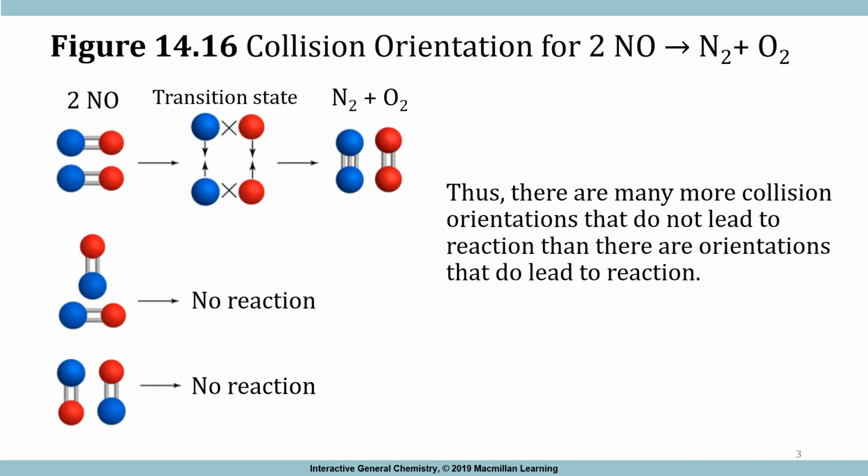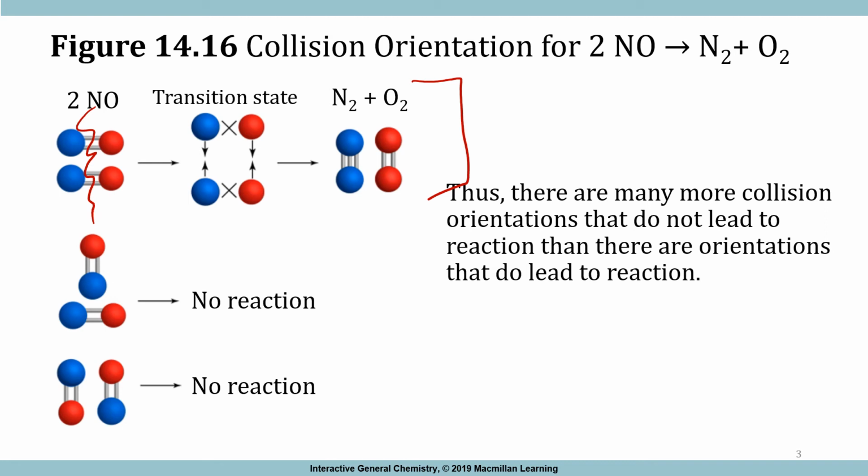We already discussed the decomposition of NO to become N2 and O2. So this is what we saw. We have the two double bonds between the nitrogen and the oxygen. We have to break those double bonds, and then a collision has to happen between the two nitrogens and the two oxygens in order to create the N2 and O2.